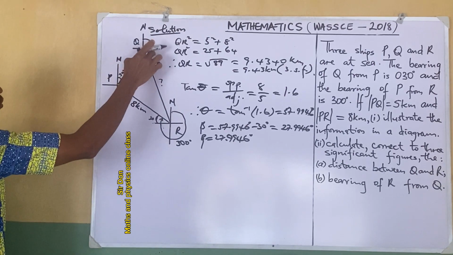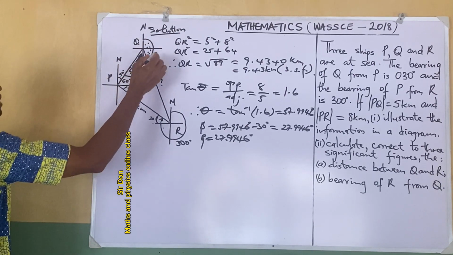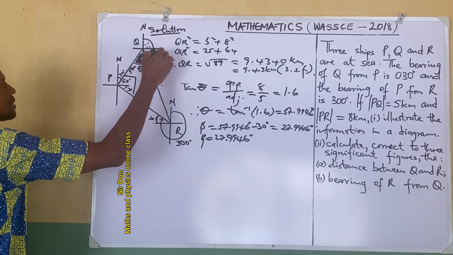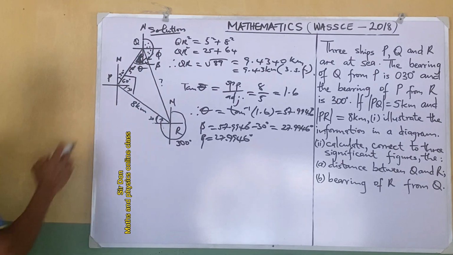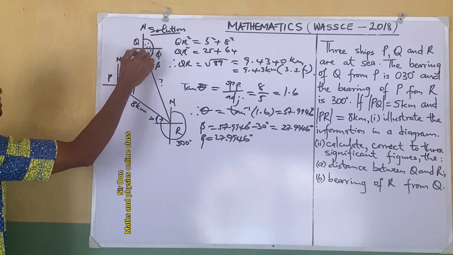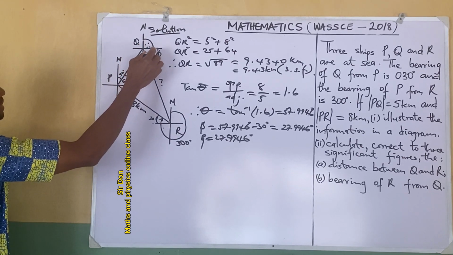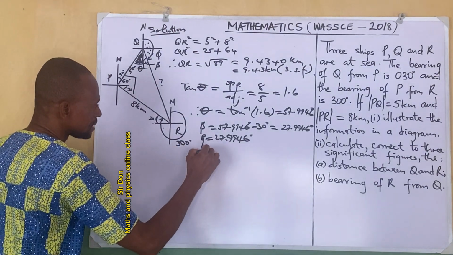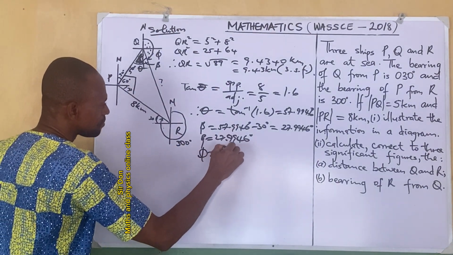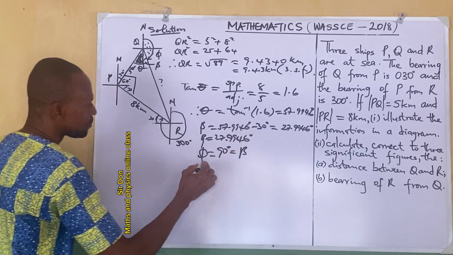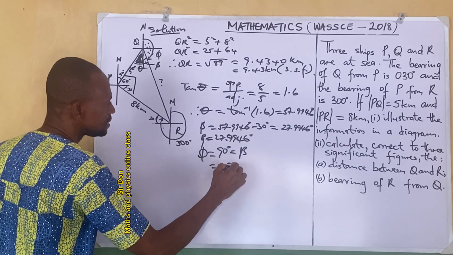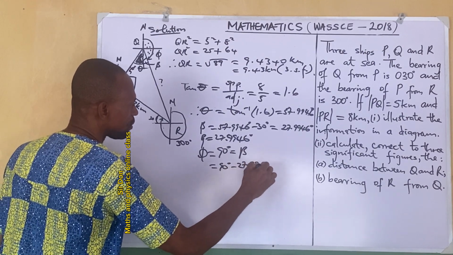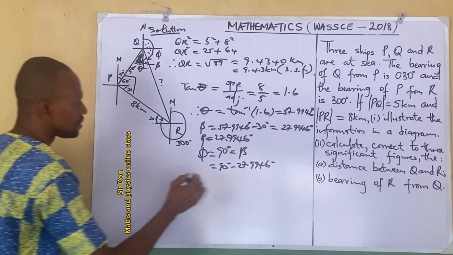But our bearing of R from Q is this, so we have to find this angle. Call it phi. How do we get phi? This place is 90 degrees, so phi is 90 degrees minus beta, which is 90 degrees minus 27.9946 degrees.